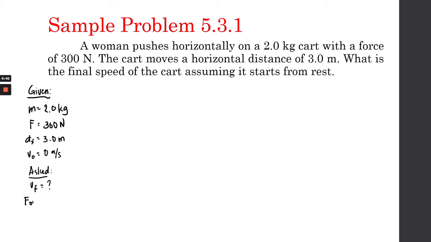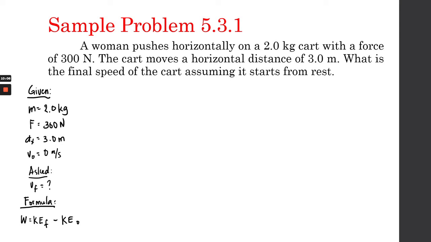And the formula that we have to use is the formula we just derived earlier. We know that work is equal to the final kinetic energy minus the initial kinetic energy of the system. In this case, the system is the cart and the woman, and the woman is exerting a force on the cart, so we can isolate the cart as our system.